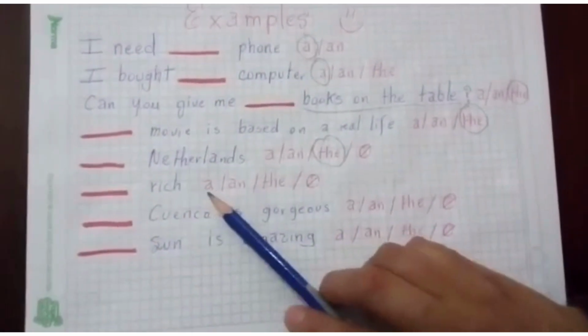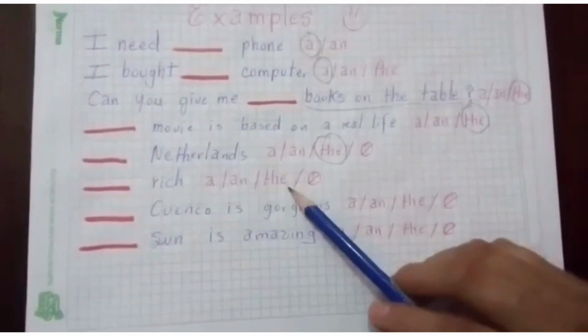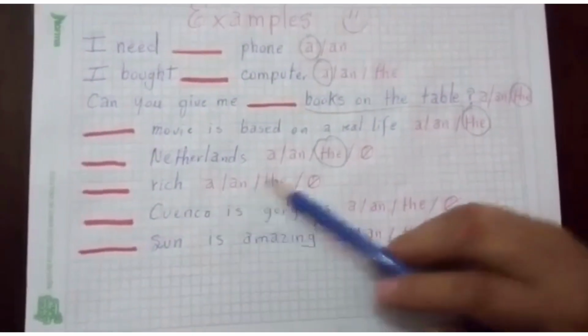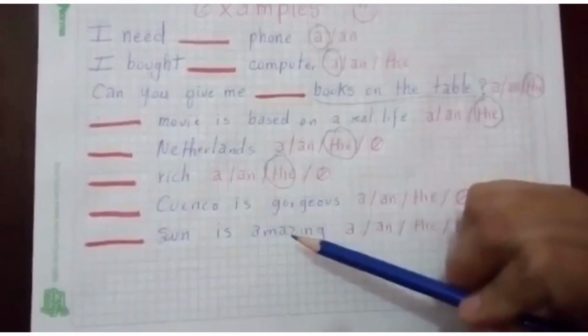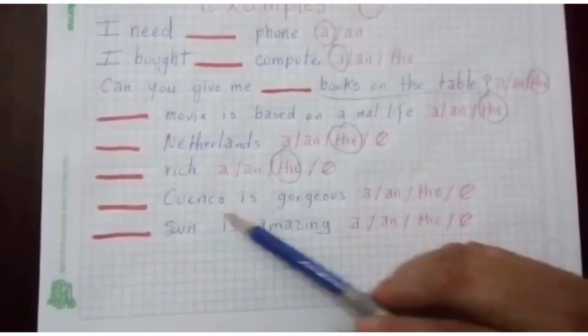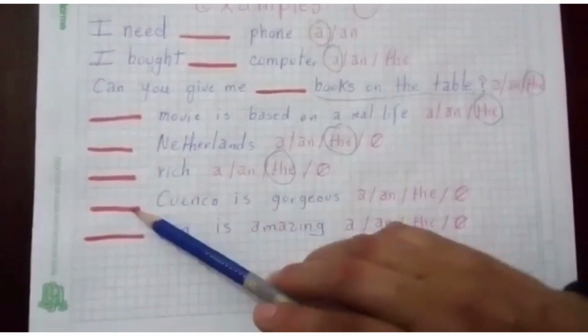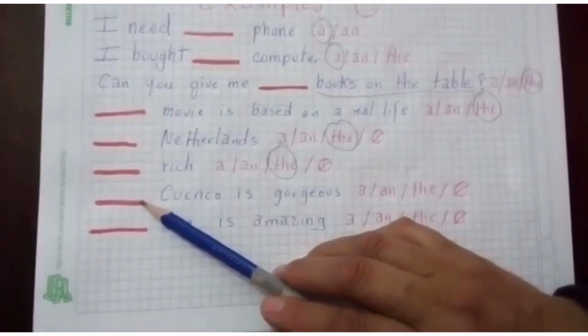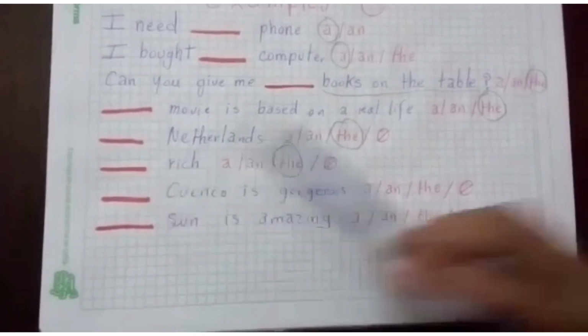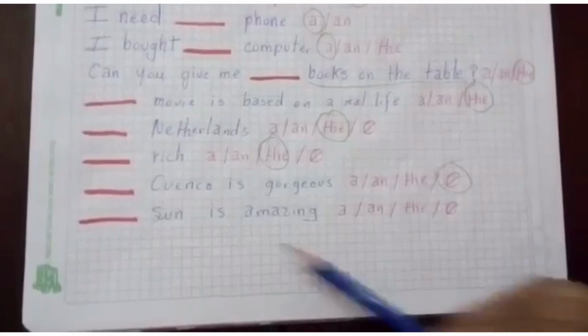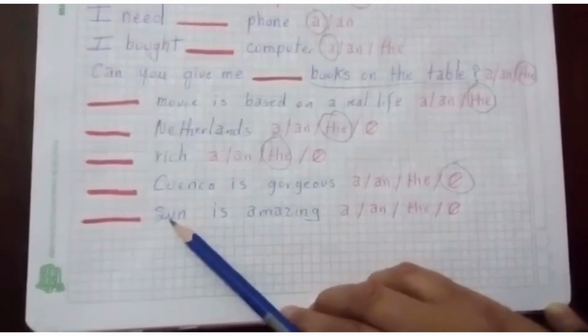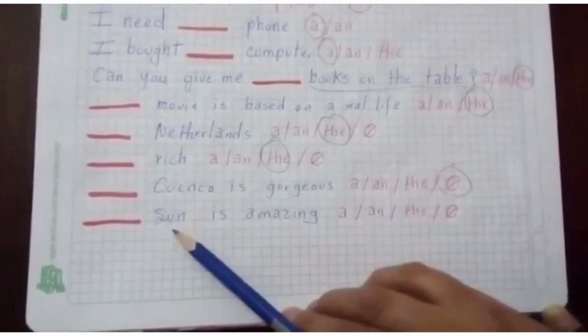We have here a rich, an rich, the rich, or nothing. So here we have the rich, that is specific. Cuenca is gorgeous. A Cuenca, an Cuenca, the Cuenca, or nothing? Obviously, nothing. So here we have a specific thing that we are going to use.